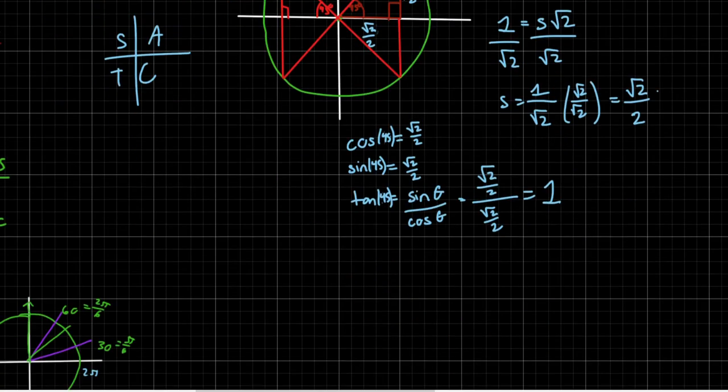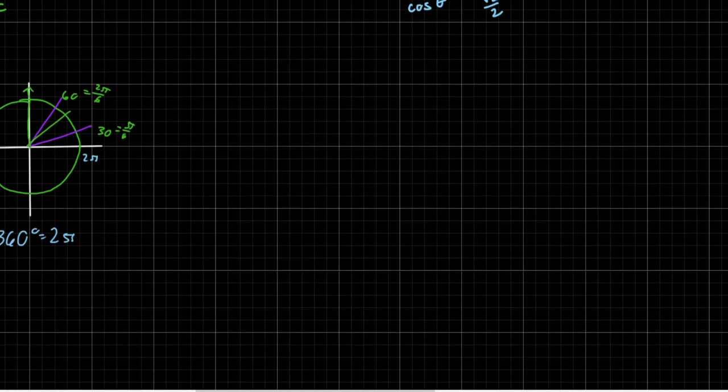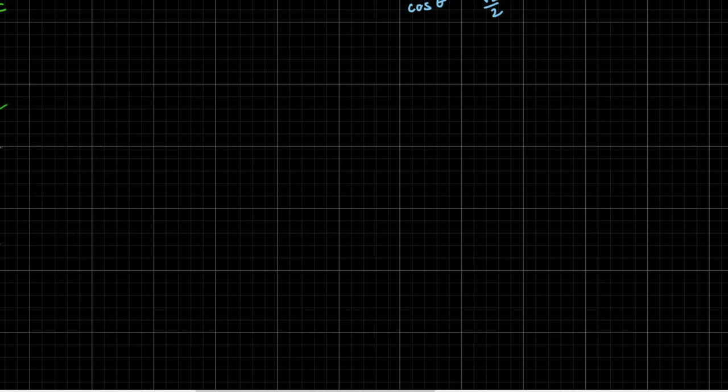Okay, let's scooch down a little bit, and we're going to do our other special triangle. What type of special triangle is next? 30, 60, 90.